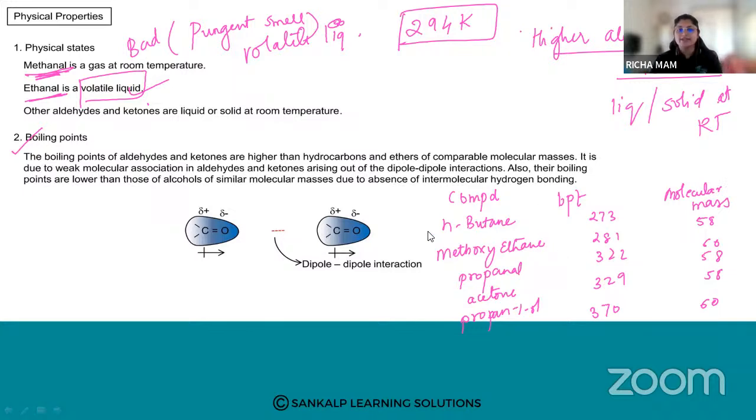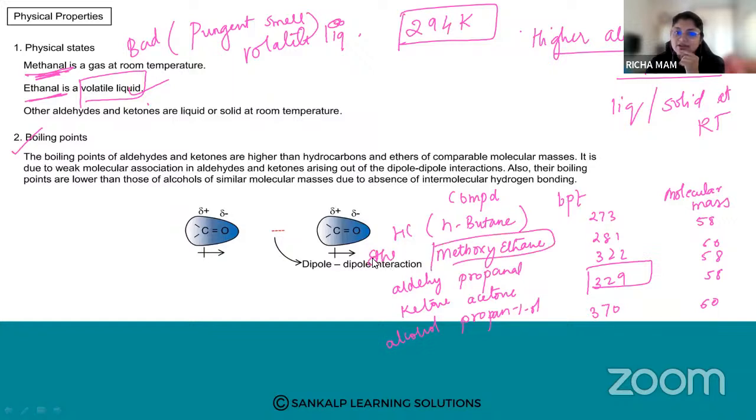So what you can see here: n-butane is a hydrocarbon, methoxyethane is an ether, propanal is an aldehyde, acetone is a ketone, and propan-1-ol is an alcohol. Butane is CH3CH2CH2CH3.